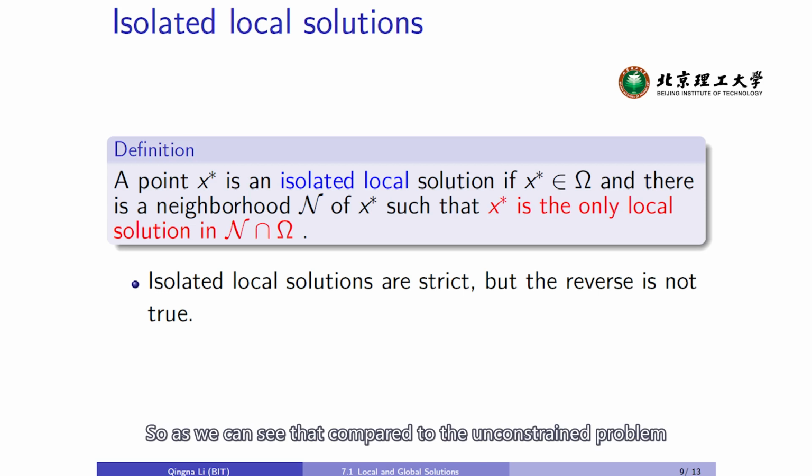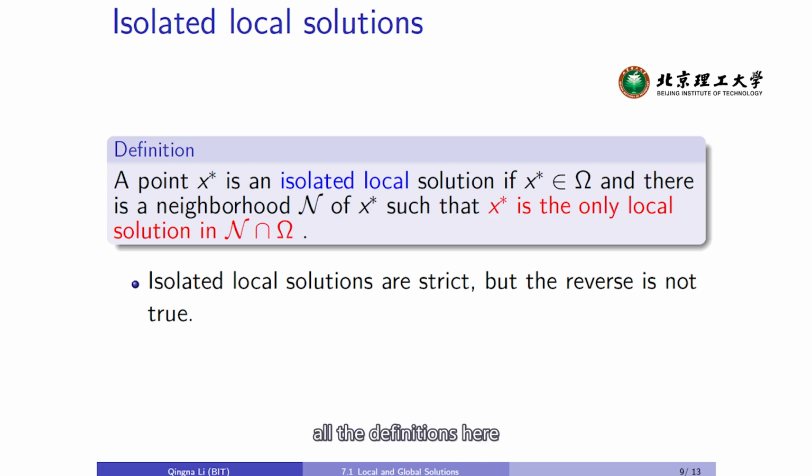So as we can see, compared to the unconstrained problem, in all the definitions here we add an intersection with the feasible set. So this is the difference. And also, the relationship between the isolated local minimizer and the strict local minimizer is similar to that of the unconstrained case.